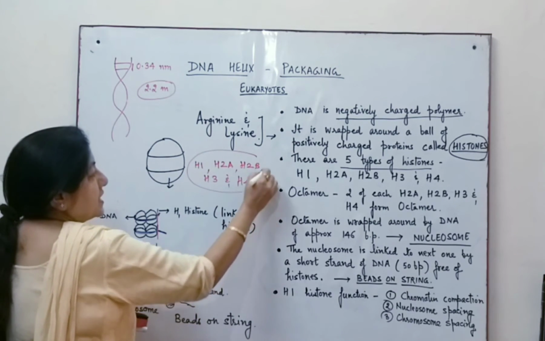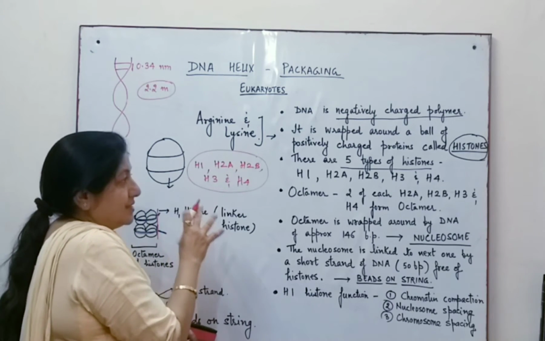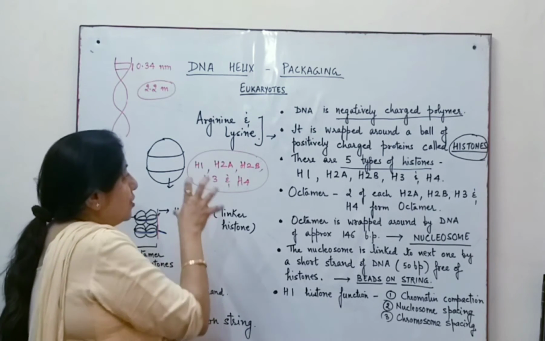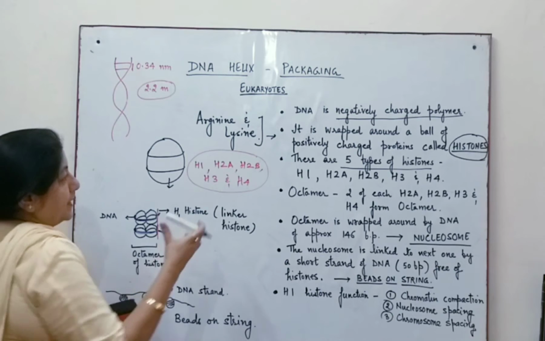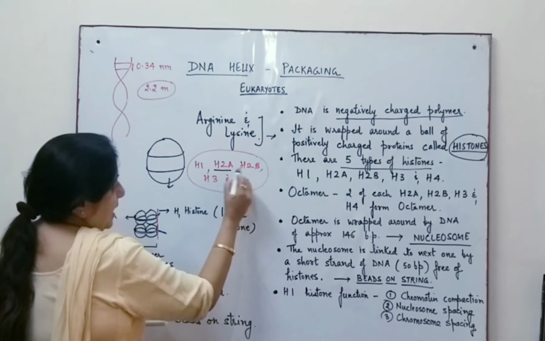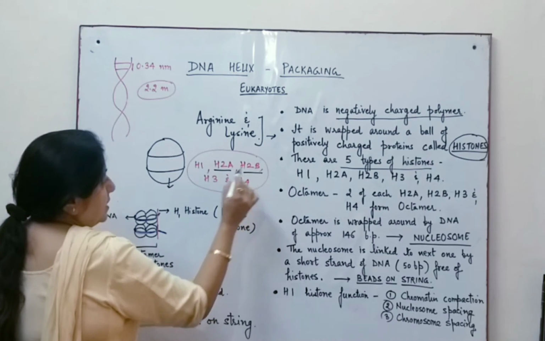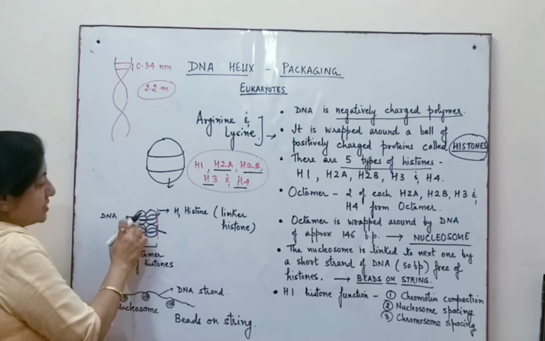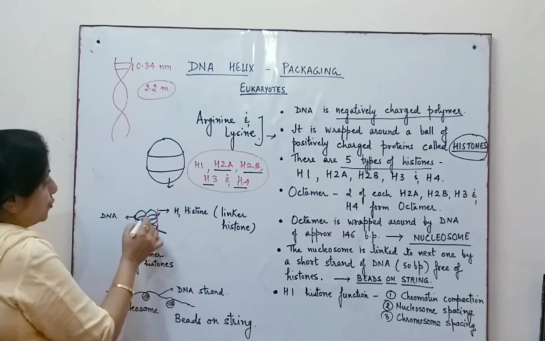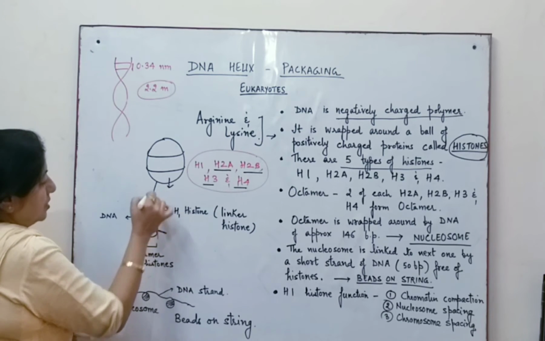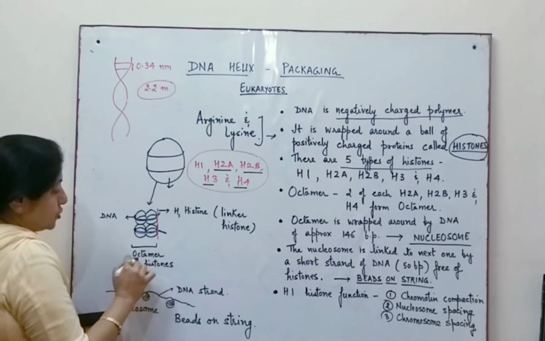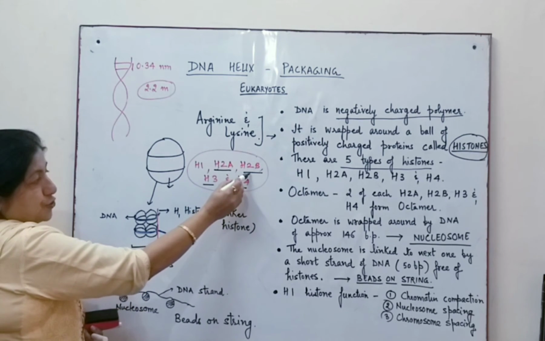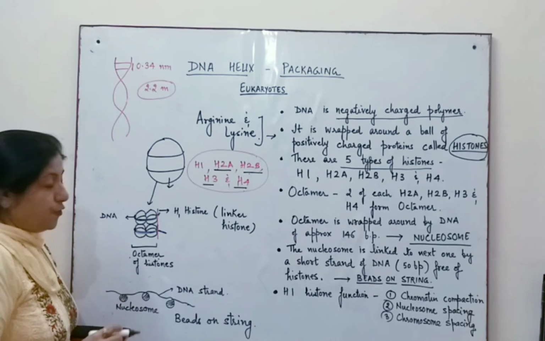Out of these, the 4 types, H2A, H2B, H3 and H4, are arranged specifically to form one round structure which is known as an octamer. So the octamer of histones is formed by H2A, H2B, H3 and H4.